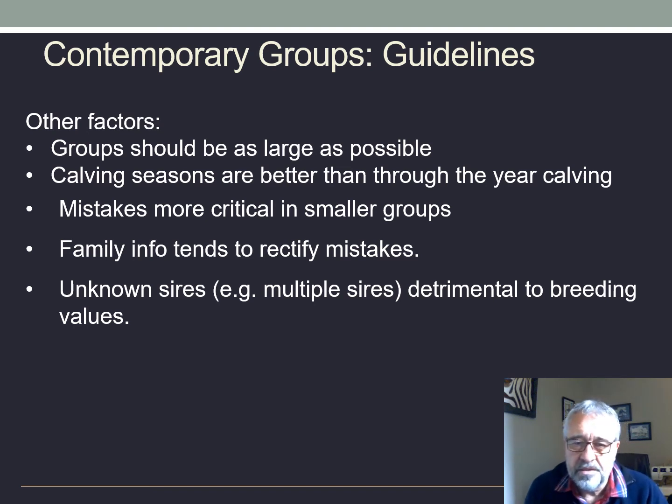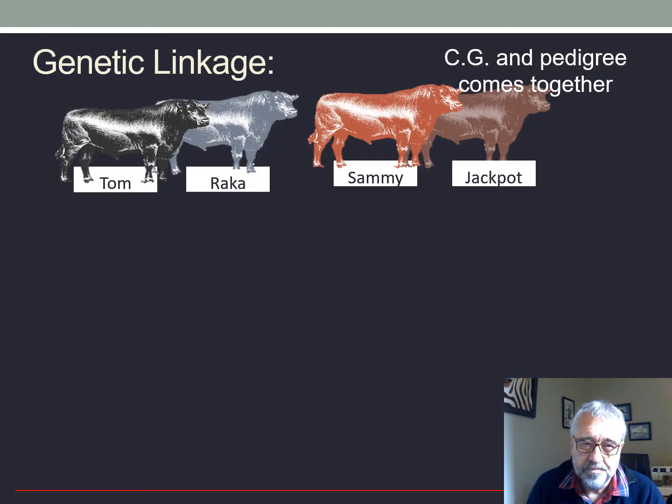Unknown sires: I've mentioned the effect of unknown sires or multiple sires. If the parentage is not sorted out, it can also be detrimental to the accuracy and the stability of breeding value predictions. A very important part in breeding value predictions is so-called genetic linkage.